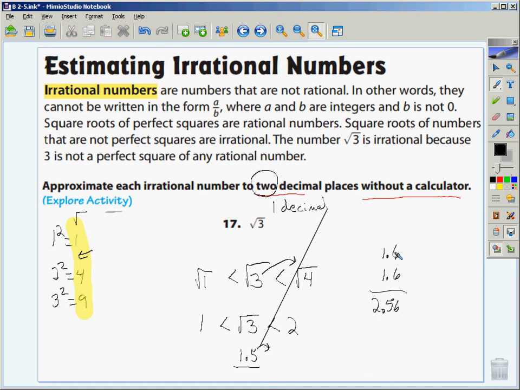So 1.6 really isn't there yet, is it? It's going to be maybe 1.7. What is 1.7 times 1.7? Okay, so 2.89 is closer to 3, right? What's 1.8 times 1.8?